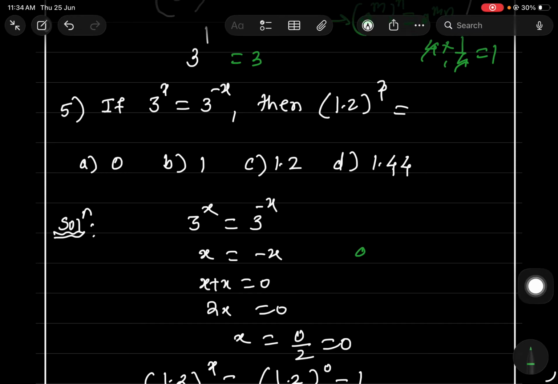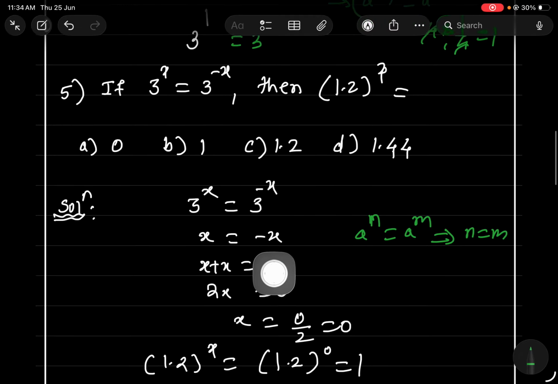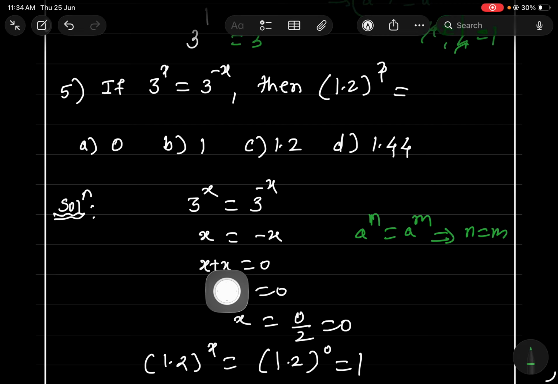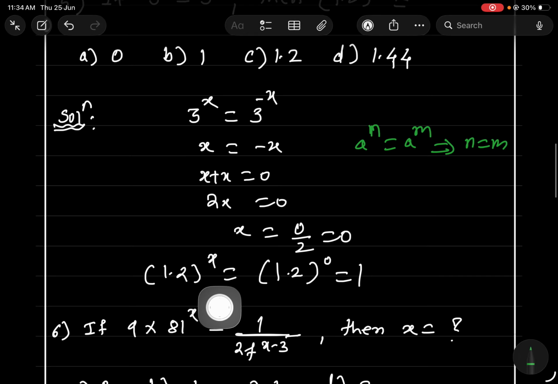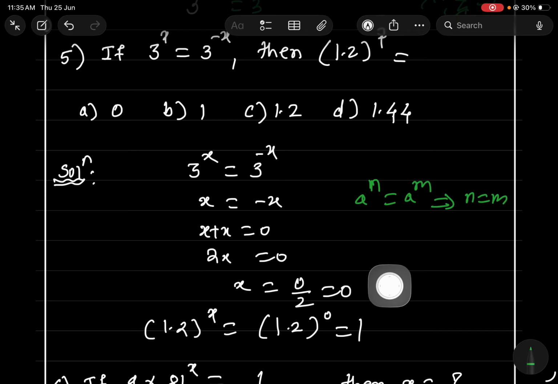Here we are using this law: a raised to m equal to a raised to n means m equal to n. So here the base is the same, so x equal to minus x. This minus x we are transposing to this side, so x plus x equal to 0, 2x equal to 0, x equal to 0. In 1.2 raised to x, the x value we got is 0, that means 1.2 raised to 0 is equal to 1. So 1 is the answer.